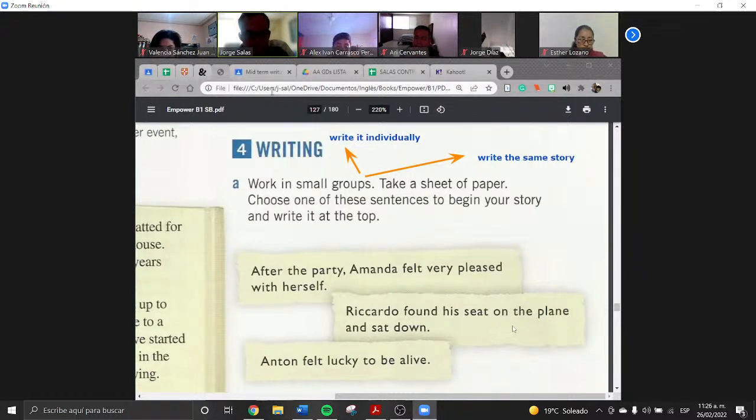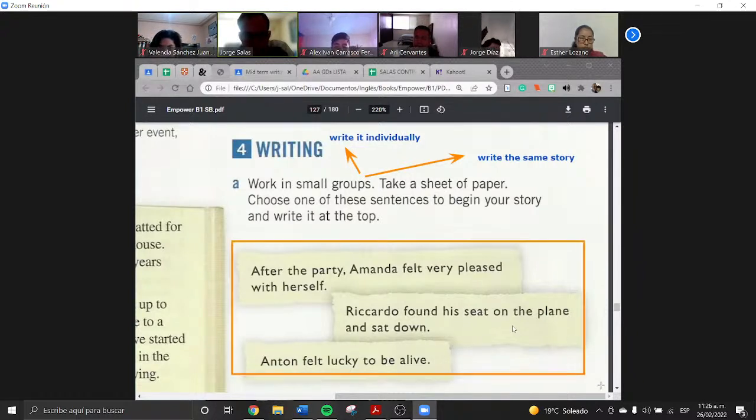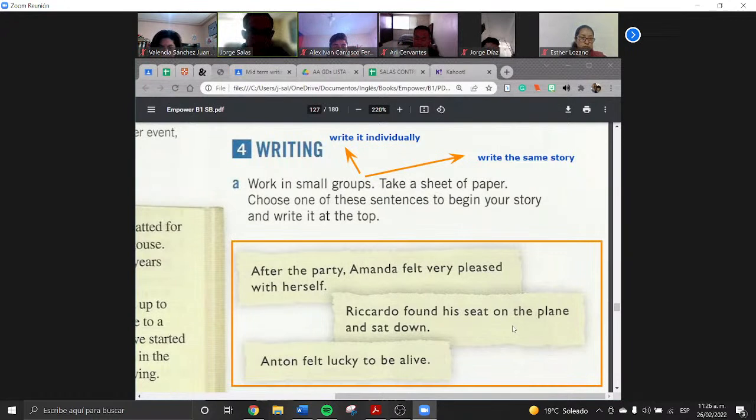Now, these three that I'm showing are the starting points of your story. They cannot be in the end, they cannot be in the middle. You need to begin your story with either one of these three: after the party, or Ricardo, or Anton.